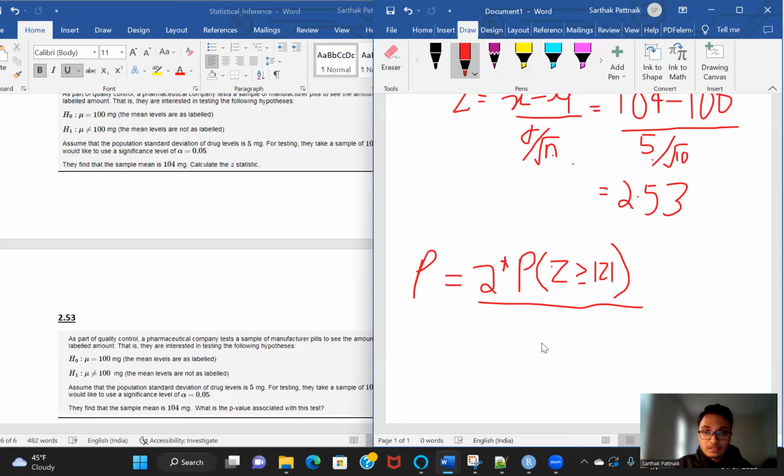How do we calculate this? We need to calculate Z greater than or equal to mod of Z, which means we need to calculate the area towards the right. And for that we'll be using our function pnorm.